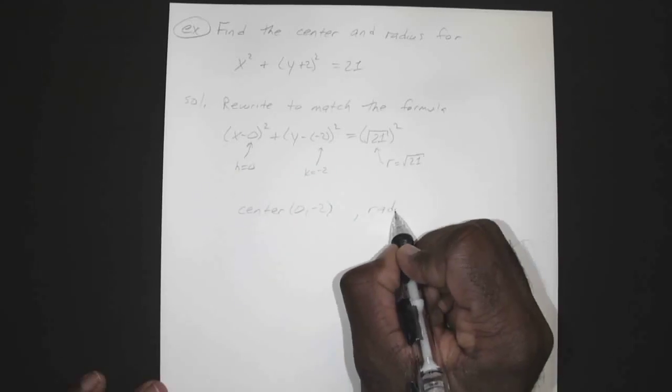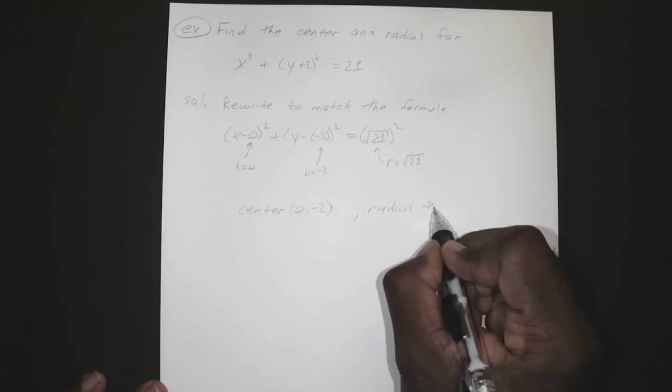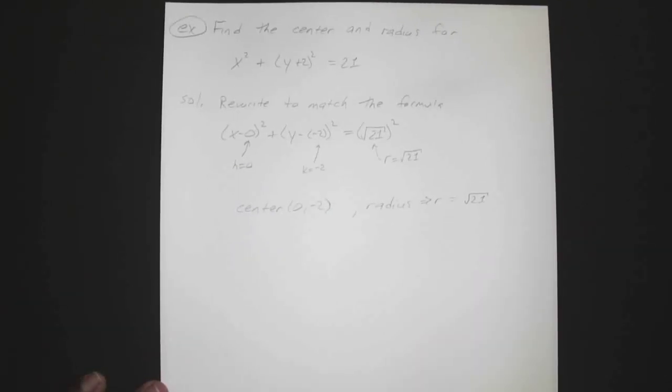And your radius, which is just your r, equals square root of 21. All right, so any questions on that one?